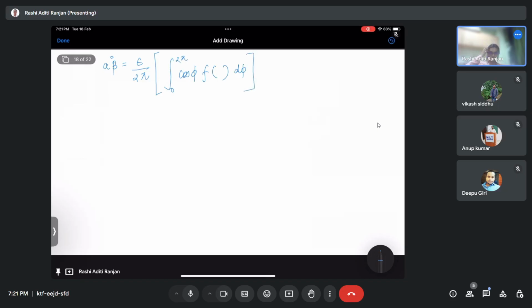So you know f is nothing but A square cos square phi, where there is plus for one and minus for the other. So we will take cos A square out.